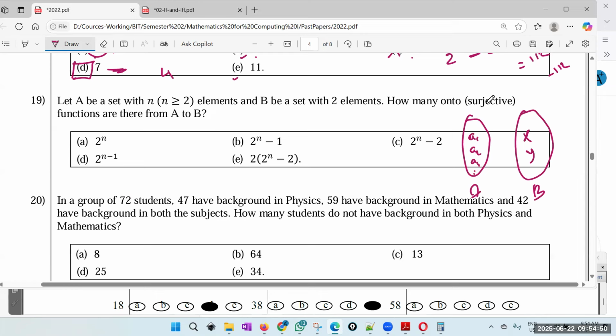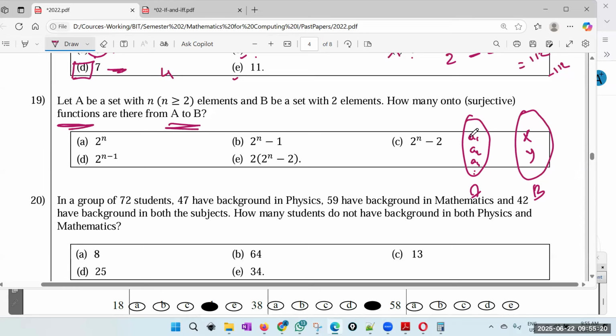How many onto or surjective functions? Remember, onto means there are no orphan values in the range side. We have discussed those, right? How many onto functions are there from A to B? It must be a function. Function means every value must be mapped; there can't be orphan values in the domain side.